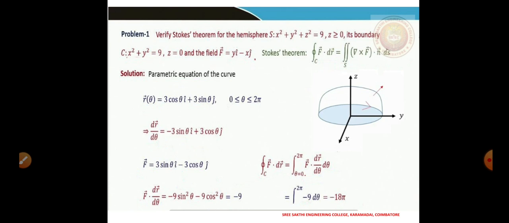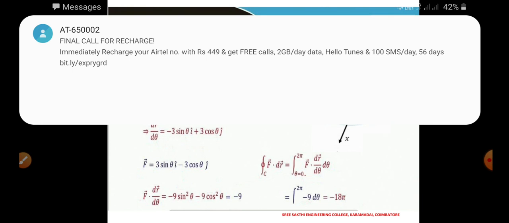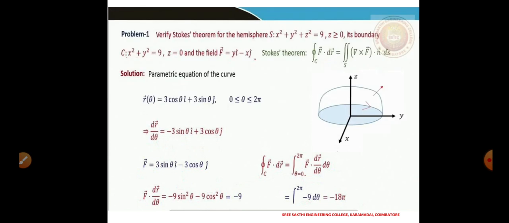So the boundary is of course on the z equal to 0 plane, on the xy plane, and the vector field is given by f vector equal to y i vector minus x j vector. To verify Stokes theorem, we will verify the curve integral against the right hand side, the surface integral. We already know how to compute the surface integral.